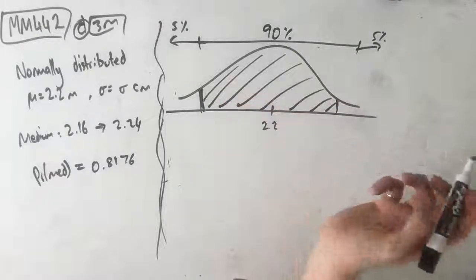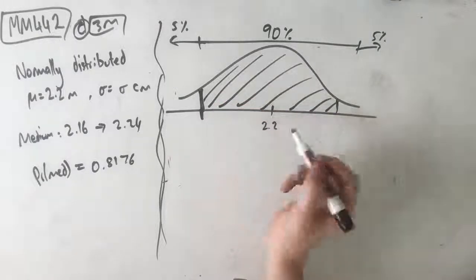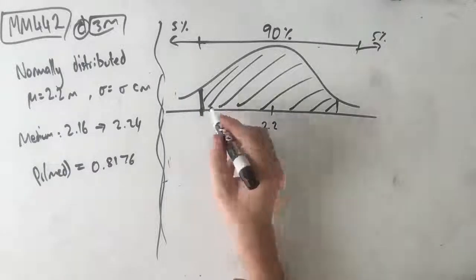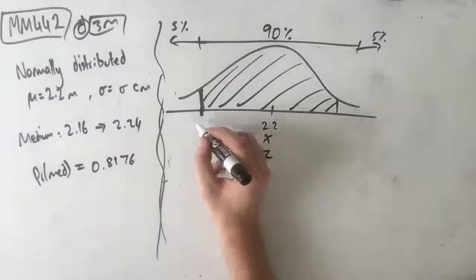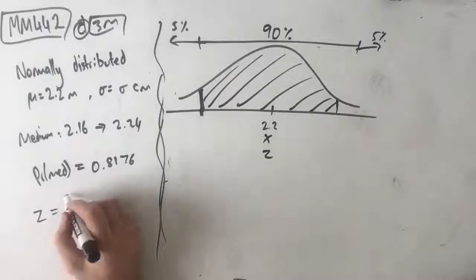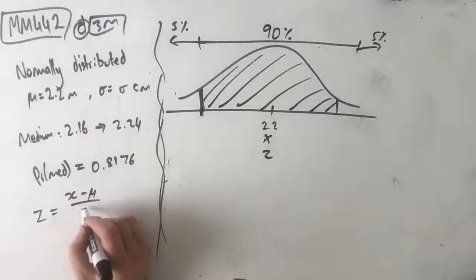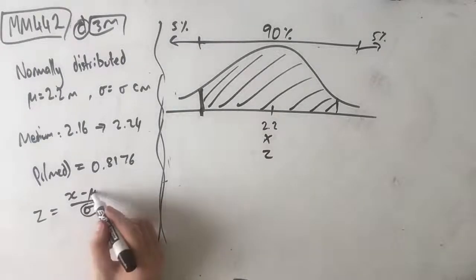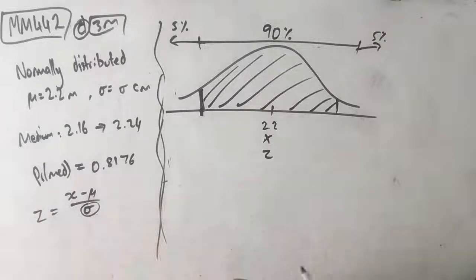Now, we know that these points here have a corresponding x value, but it also has a corresponding z value, right? And the way that we're going to work out our standard deviation is using this formula z equals x minus mu, over sigma. We know what mu is, but we need to find out what our z value is as well.